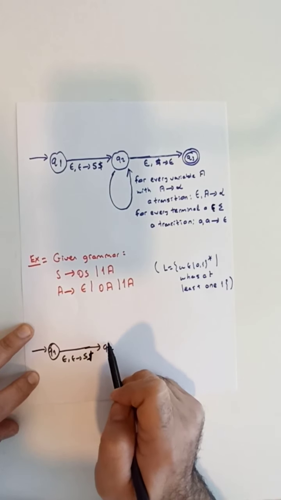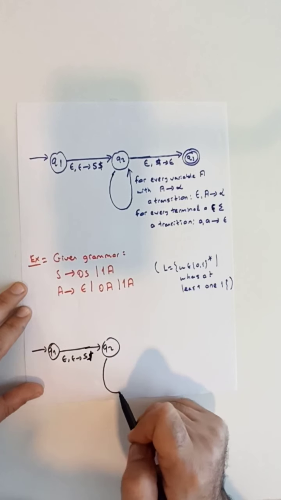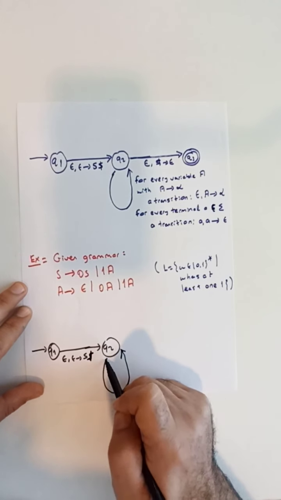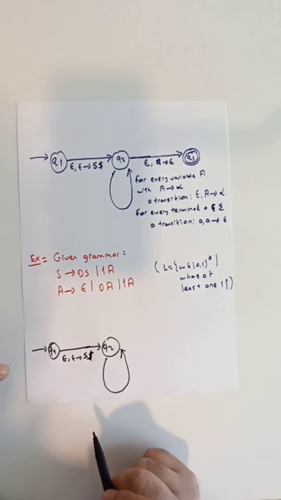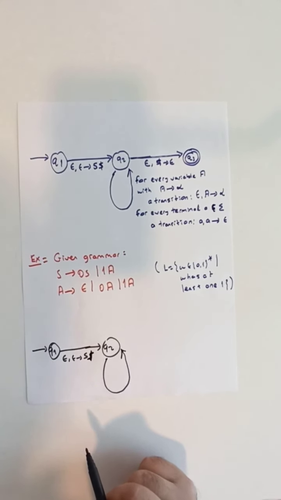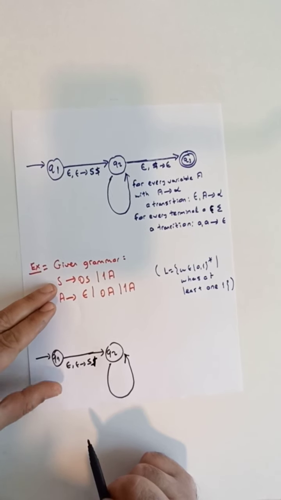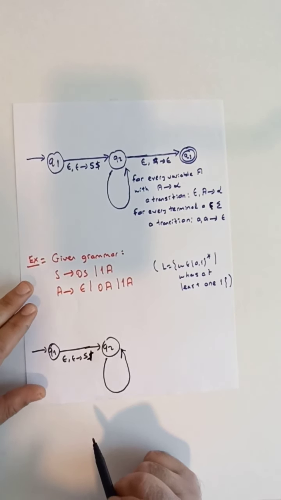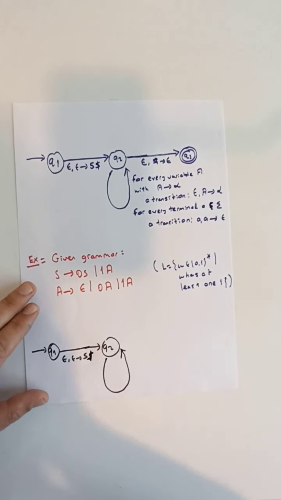And this is our Q2. And we have our loop, which will have many transitions. Mainly two types of transitions: those related to the variables in our grammar and those related to the terminals in the grammar. Let's first write down the transitions related to the variables.